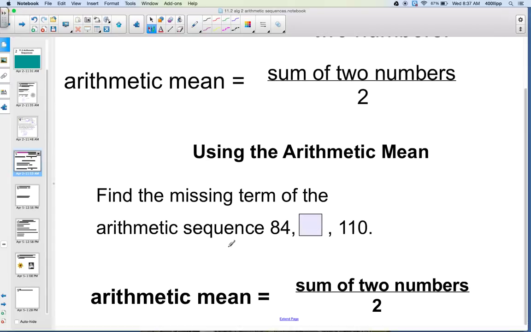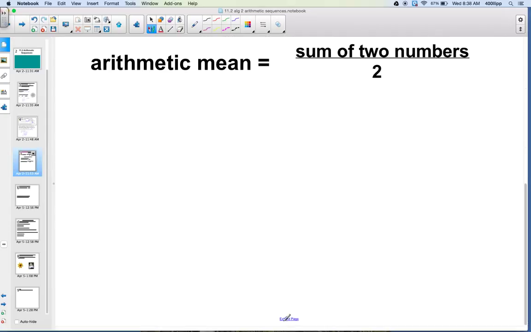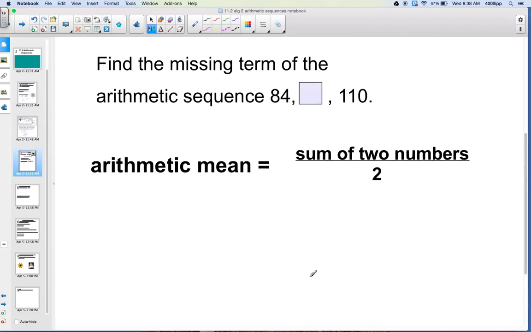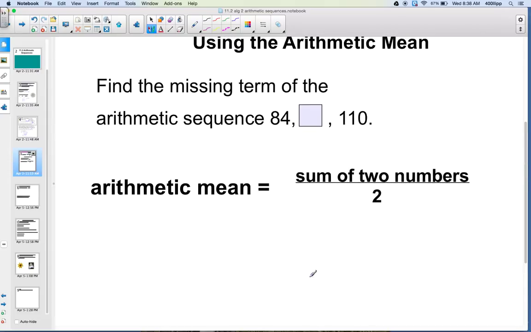So I know it's an arithmetic sequence, so to find this number here, the missing term, I'm just going to find the average or the arithmetic mean of those 2 numbers. Okay, that is only if they tell you that this is an arithmetic sequence. So we have to know that before we actually go ahead and find the missing term.